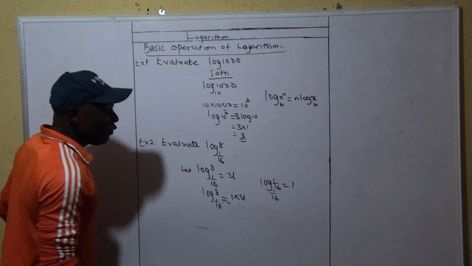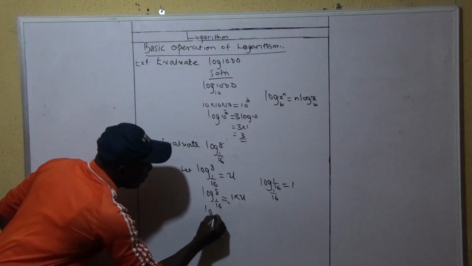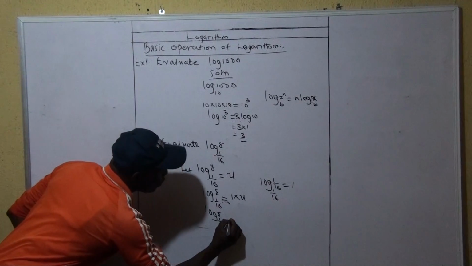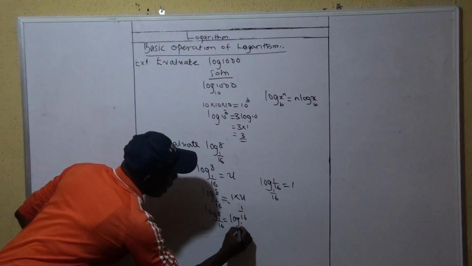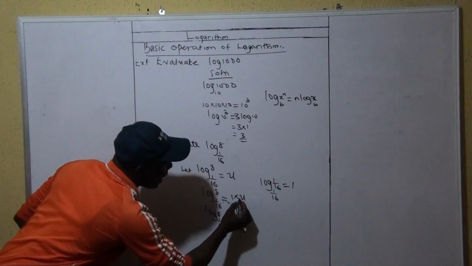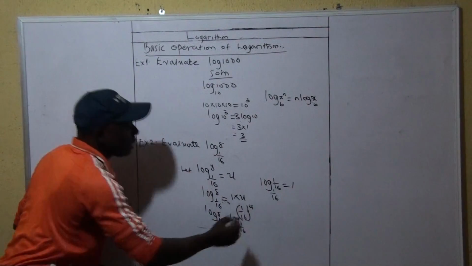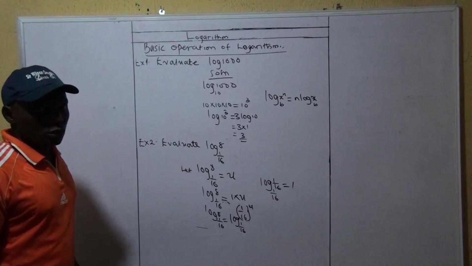Now we can move forward and say that log 8 to base 1 over 16 is equal to log 1 over 16 to base 1 over 16, and because of that, this u we are having here will now be the power of 1 over 16. That's how we normally do it. Okay.